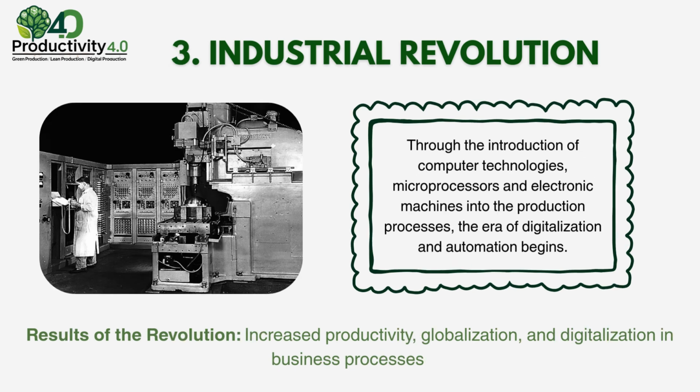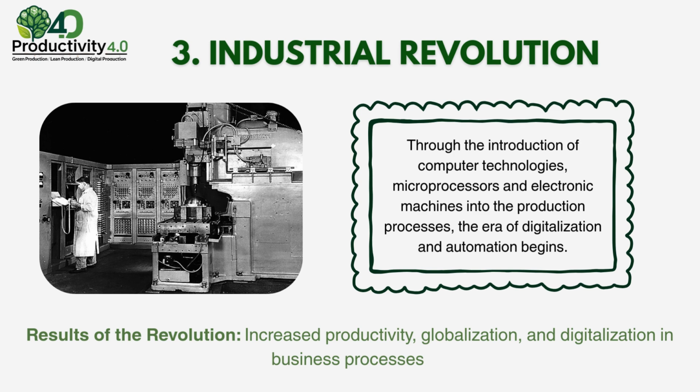The third stage of the Industrial Revolution began with the integration of computer technologies and microprocessors into production processes. This period, influenced by digitalization and automation, radically changed the ways of doing business. More production became possible with fewer resources, resulting in significant productivity gains.